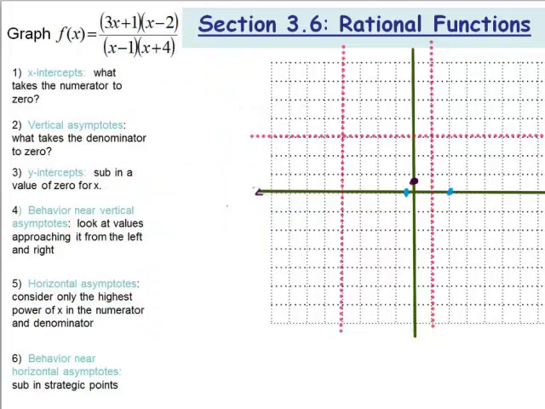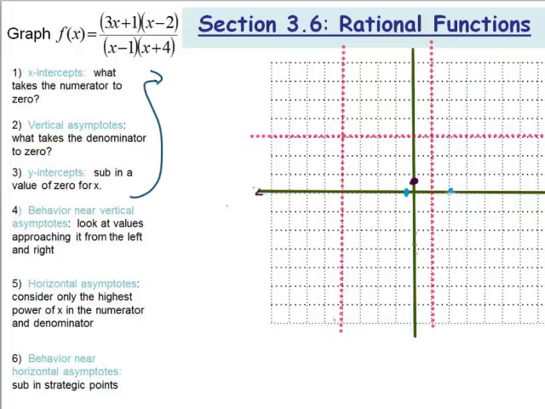Number 4, behavior near vertical asymptotes. So here's how we're going to write this. We're looking at x values that get closer and closer but never quite get to this vertical asymptote, the one at negative 4, from the left. We're also going to look at it as it goes closer and closer from the right. We're going to look at this asymptote from the left, and then this asymptote from the right, and I'm going to do it in that order.